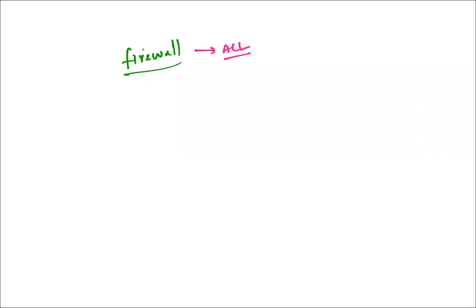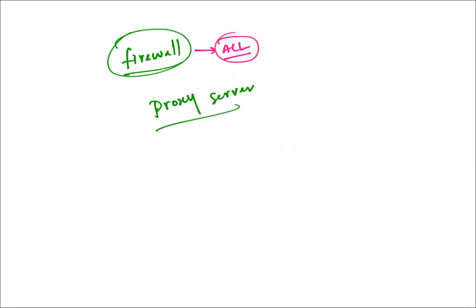Even for proxy servers, the concept you are studying today is the basics for that. In firewalls we have ACLs, in proxy servers we have ACLs, but every ACL works the same way. Right now we are learning ACL on routers, but the ACL concept is the same. It works the same way on all the devices.